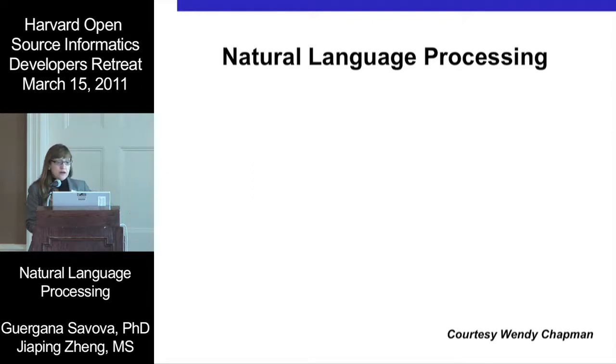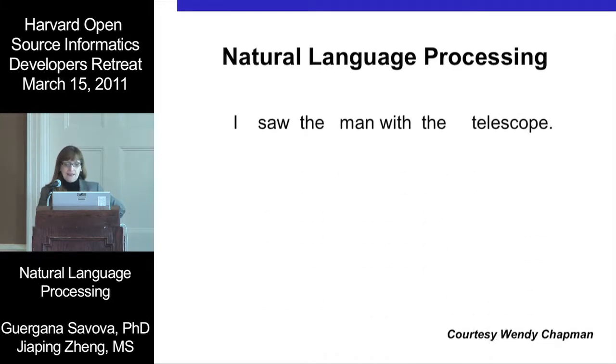So here's one example, and it's a very simple example, Linguistics 101. Here's a sentence: I saw the man with a telescope. And linguistic and cognitive science theory argues that this is how we as humans process language. The first step that we do is probably parsing the words within that sentence.